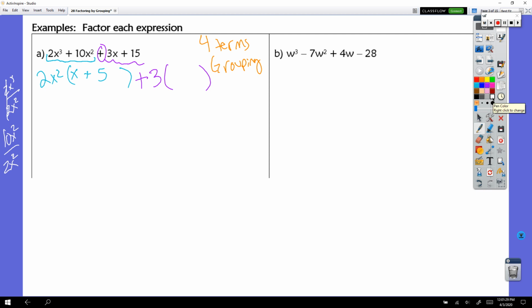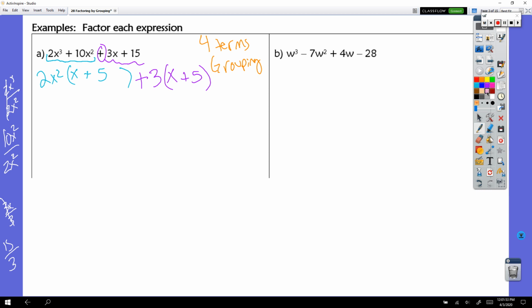So I'm writing down the 3, that's the GCF. Now I'm thinking 3x divided by 3. The 3's would cancel out, and I would have an x left over. Next, 15 divided by 3 is 5, and it's a positive 5, so I'm going to write down plus 5.